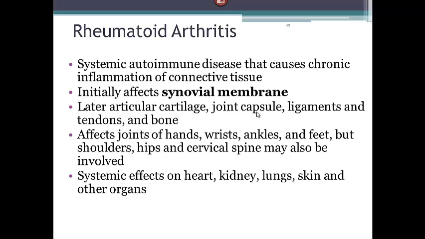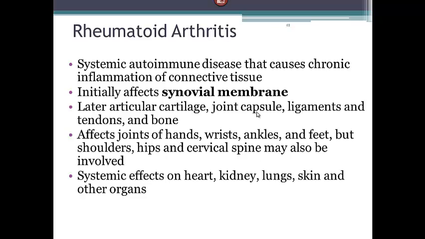We discussed already the most common joints that are affected, such as the wrist, proximal interphalangeal, metatarsophalangeal, shoulder, elbows, hips, knees, ankles, and it is symmetric bilateral, and is associated with systemic manifestations. Never forget the serositis. It's basically an inflammation of the serosa, which is the pleura, the pericardium, the peritoneum.